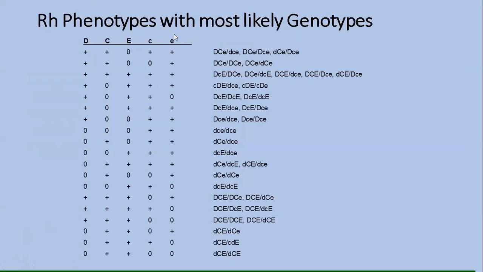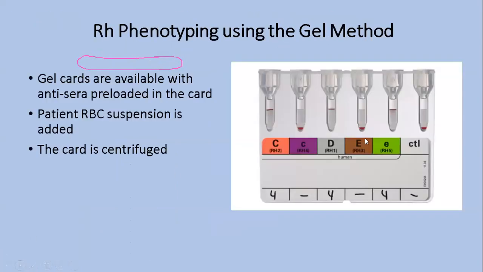Let me circle it. This one, right? Let's just go back and make sure that I did this correctly. No big E and no little c. No big E and no little c.